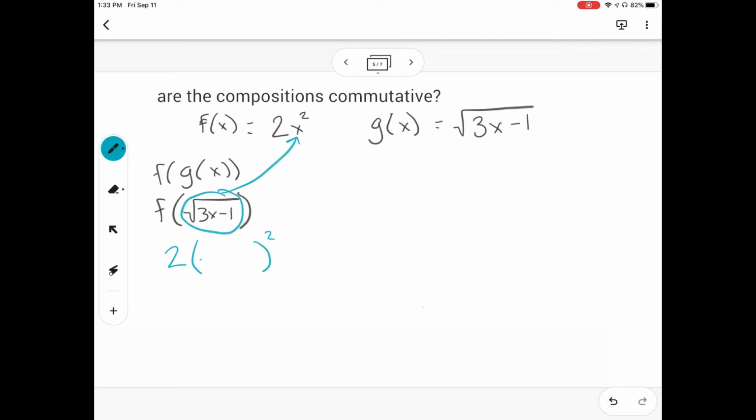So we've got 2, and then the square root of 3x minus 1 will go where the x was. Remember that if you're squaring a full square root, they cancel. So all I really have is 2 times 3x minus 1. It is 6x minus 2.